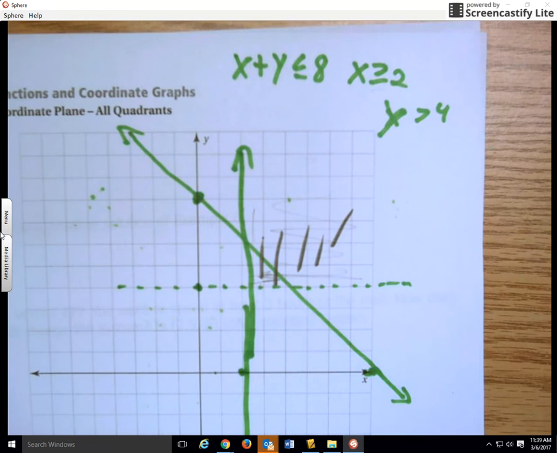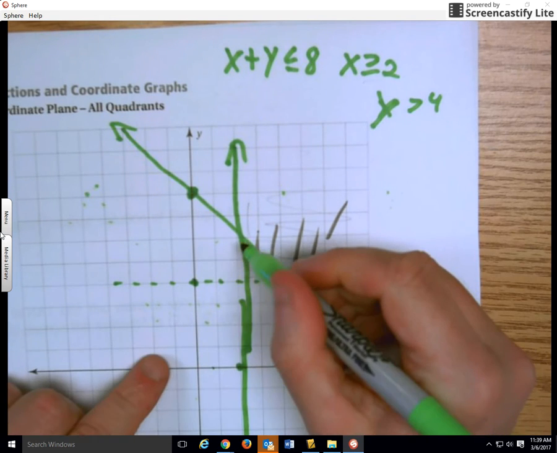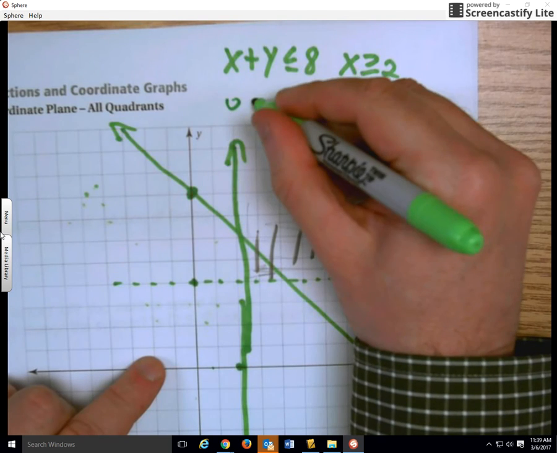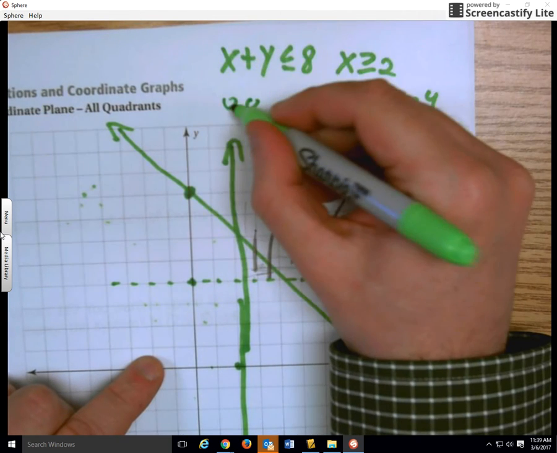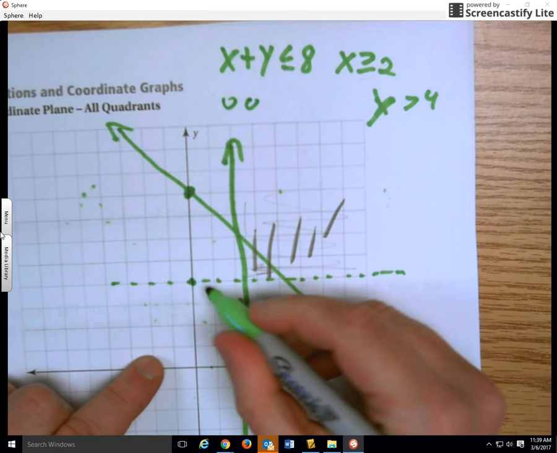And then if you try a test point here, you can determine for this line which side you would go on. I'm just going to choose 0, 0 for my test point. Is 0 plus 0 less than or equal to 8? Yeah, it's true.